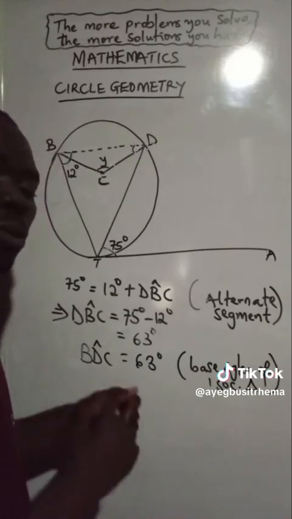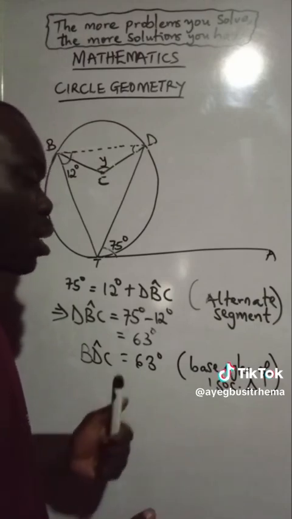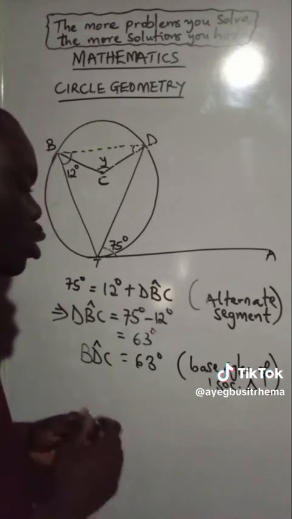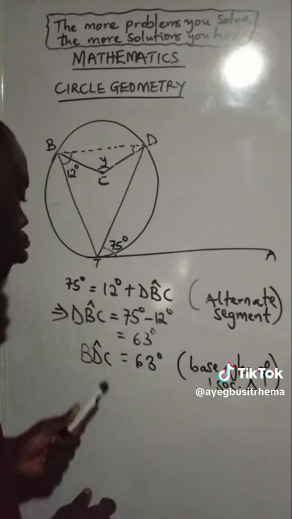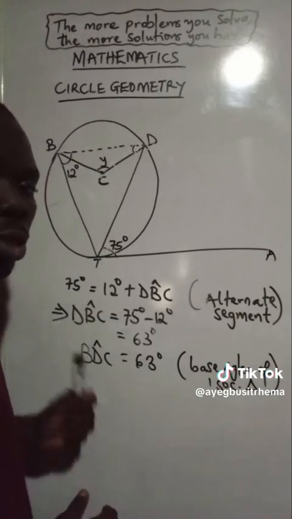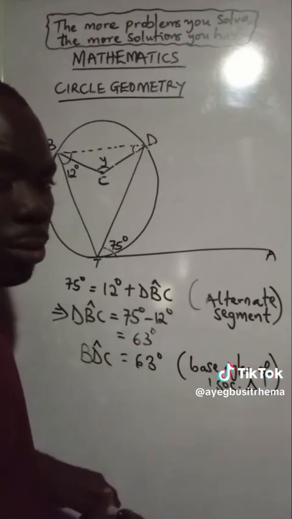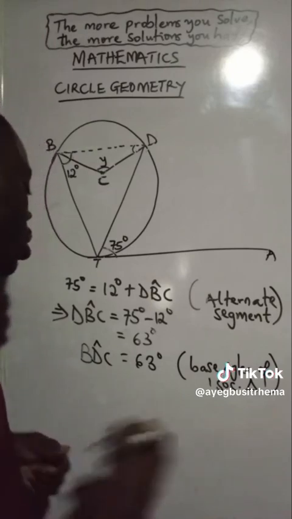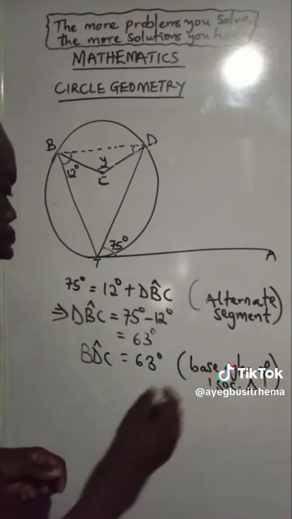Whenever you are solving a question on geometry, whether circle geometry or any other geometry, the theorem that backs your facts, your solution, must be well stated. Otherwise, you will not get the mark for what you are doing. Alright? So you have that.